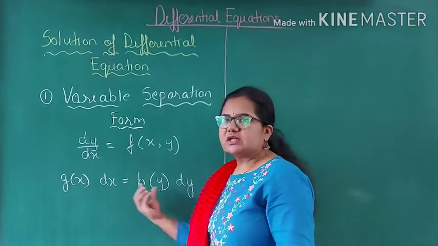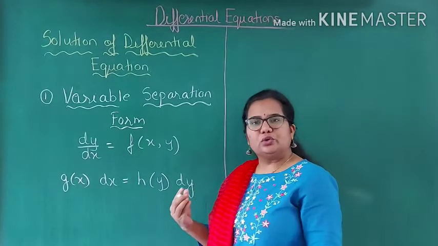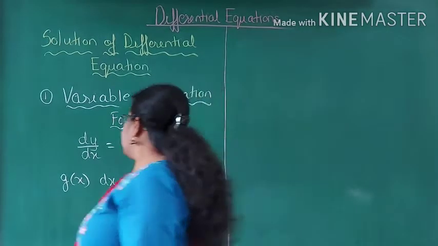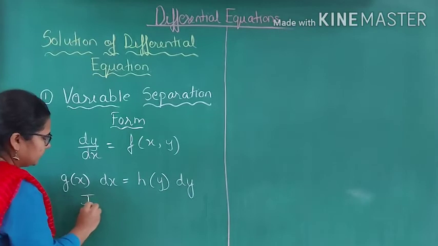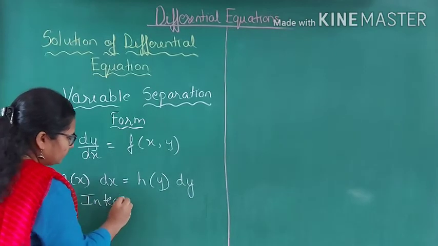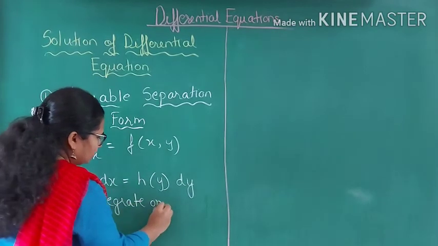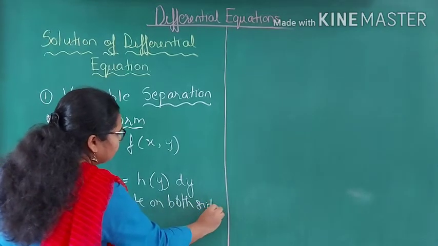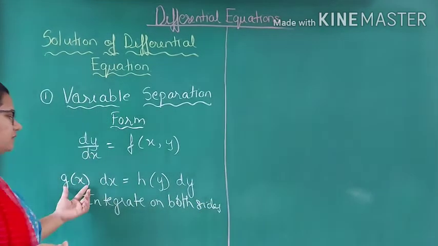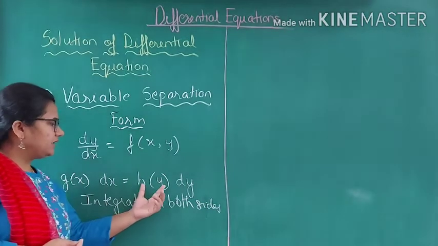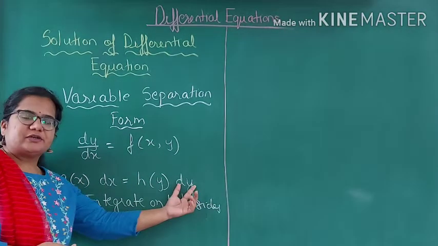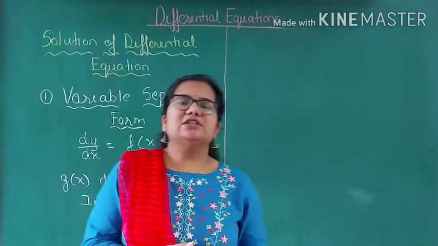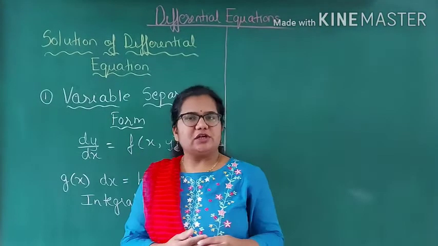These differentials should be there in the numerator, because ahead of this, we are going to integrate on both sides. So here, integration of this function with respect to x and integration of this function of y with respect to y, and after solving the integration, you will get the general solution of the differential equation.